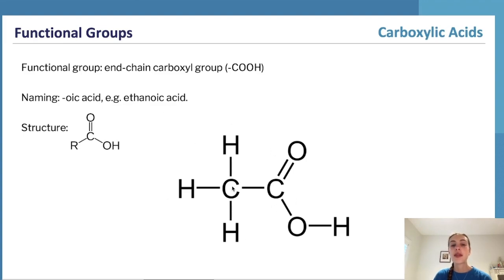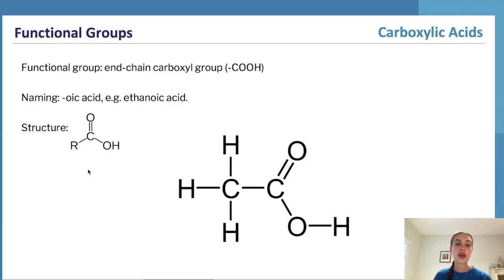We can see the ethane part comes from the 2 carbons along the main chain. Now we've substituted the end of the molecule to have an end-chain carboxyl group, which has changed this from an ethane molecule to an ethanoic acid molecule.